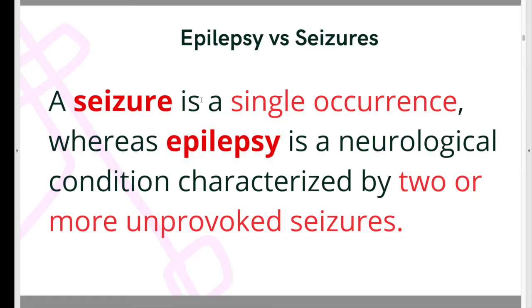A seizure is actually a single occurrence, whereas epilepsy is a neurological condition characterized by 2 or more unprovoked seizures. For example, when there is a condition like extremely low blood sugar, the patient has a seizure.